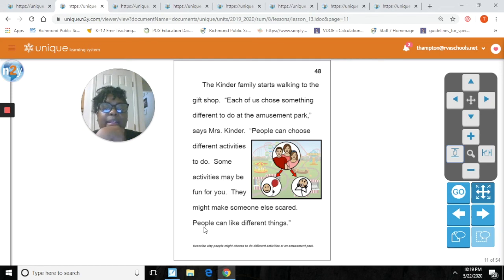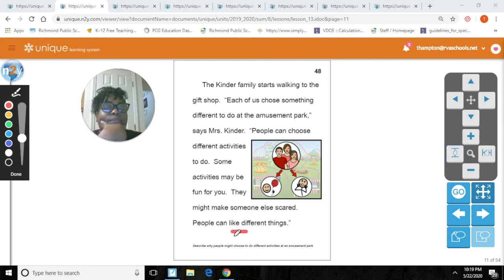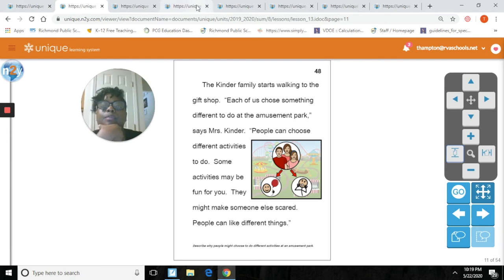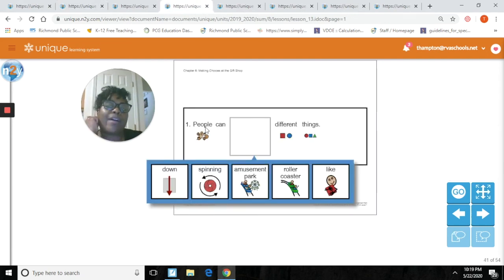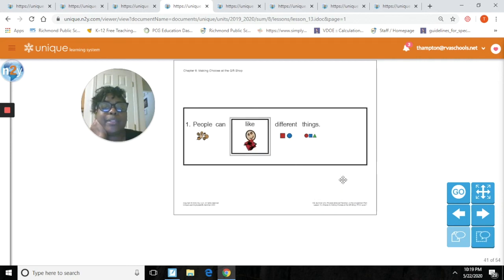And we see right here that people can do what? Like different things. Okay? So our key word to look for was people, because that was one of our focus words in the question. So we're going to put like there. Okay?